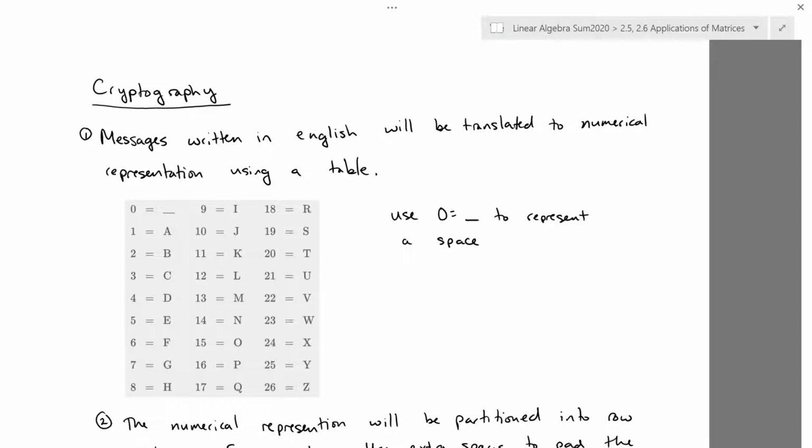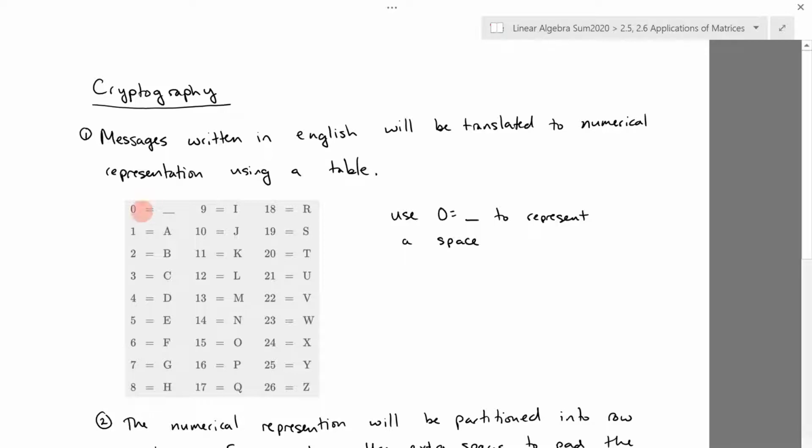Okay, so the setup we're going to use is the following. First of all, typically messages are written in English, and we work with matrices where the entries are numbers, right? So we need to translate the English into some numerical representation.